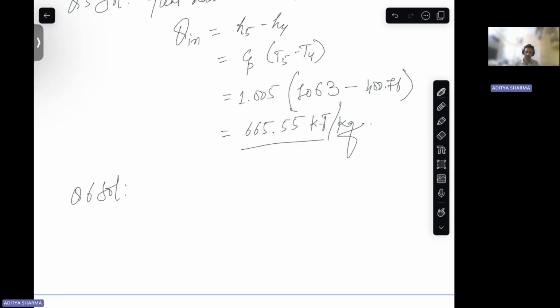From T6 we will have our T8, because in the question it is given that for maximum expansion work, the maximum expansion work will be there only when your T6 is equal to T8, right? So let's do this.